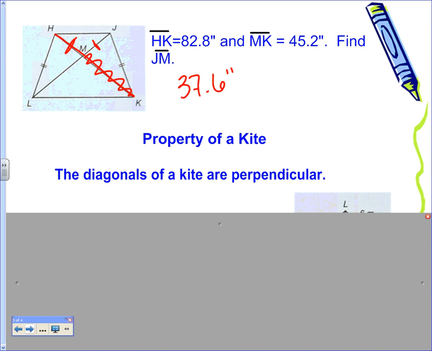A rhombus. If you take this side and you pull it down, that's how you make the kite. Does that make sense? And the diagonals, the short diagonal is cut in half, but the long diagonal is not. Does that make sense? Okay.